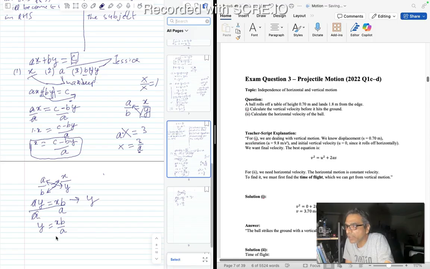Simple. Now, if we have to revert to this situation, a over b equals x over y, what has happened is, let's say we have a equals x.